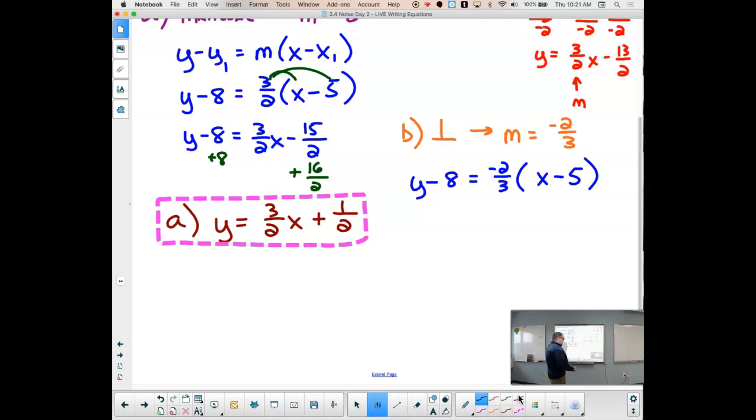Distribute again. There we go. Now we're going to have y minus 8 equals negative 2/3 x plus 10/3 when it finally gets done.